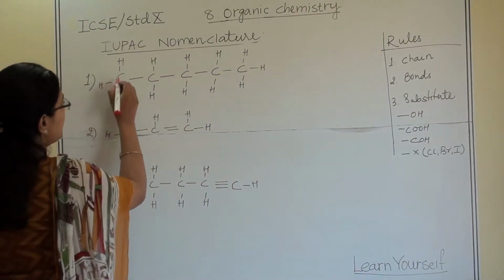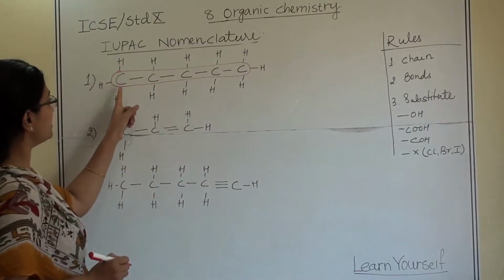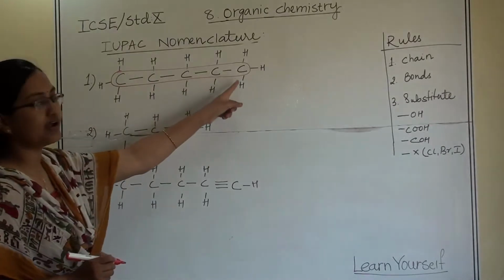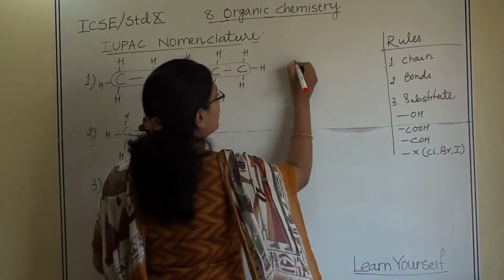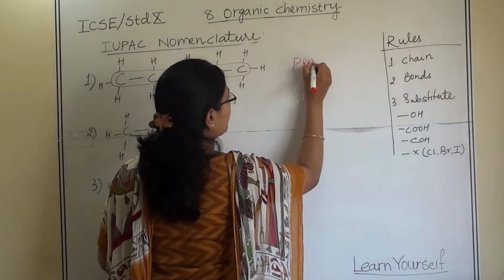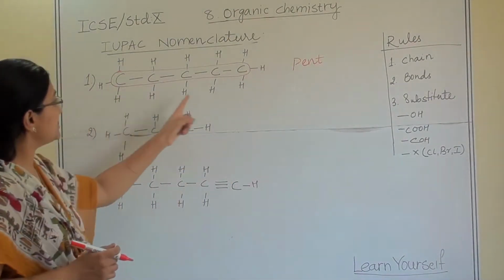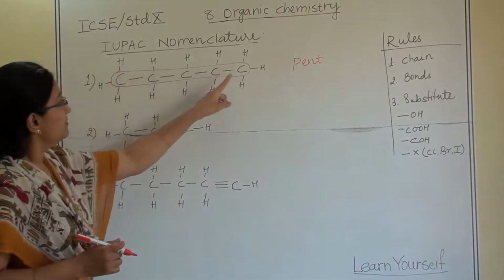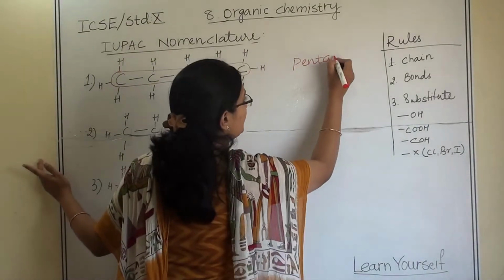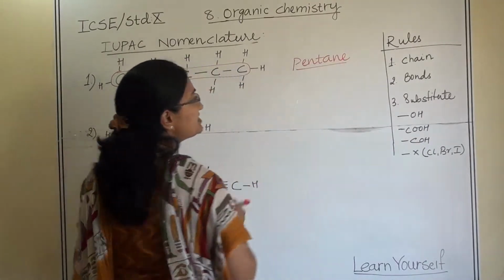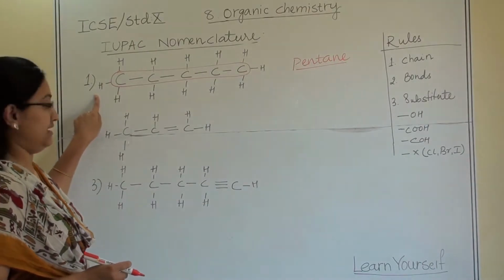This is our main chain, a straight chain, and how many carbon atoms are there? 1, 2, 3, 4 and 5. There are 5 carbon atoms. So it will be pent. Since this is a single bond and it is a straight chain alkane, the suffix will be ane. It is pentane. So this structure's name is pentane.